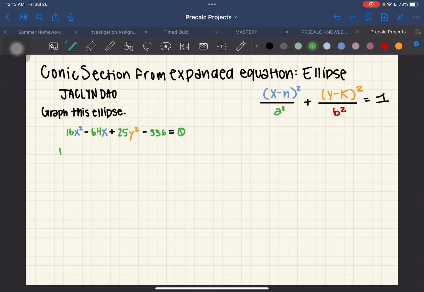We have 16 times (x squared minus 4x plus blank), because we will be completing the square after we factor it out, plus 25y squared minus 336 equals 0. Now we can complete the square.